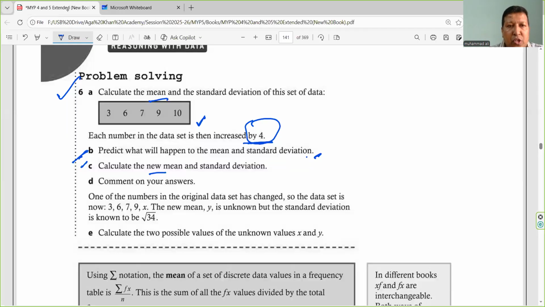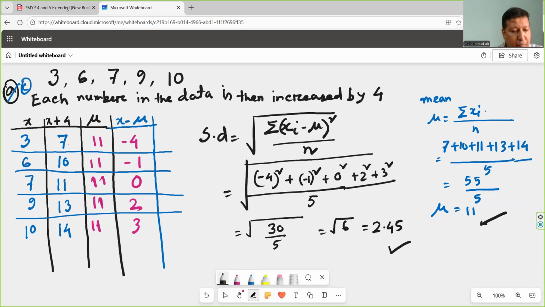Now, part C is completed. D, comments on your answer. Comments means after increasing, is there any change in mean or standard deviation? We found that the mean is affected, because before increasing, the mean was 7. Now the mean is 11.